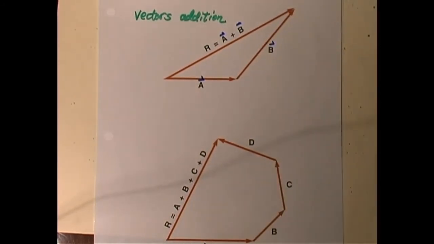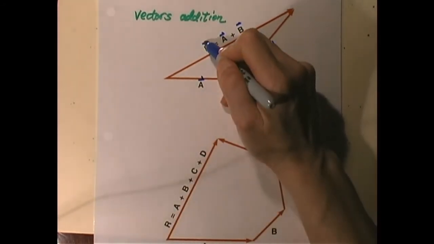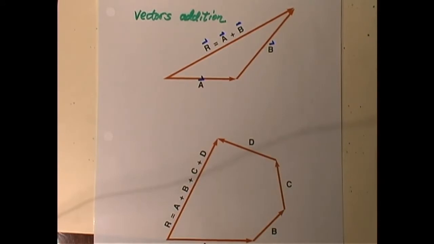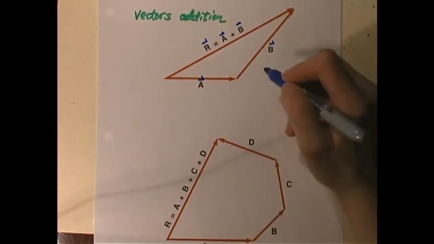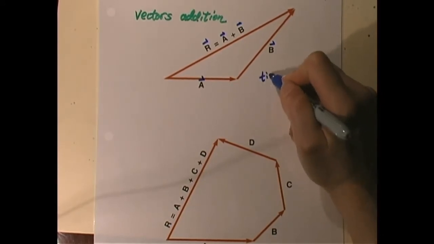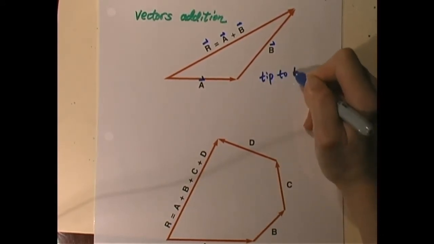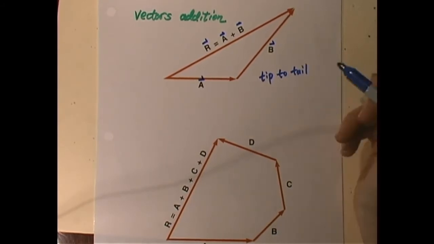So these A, B are in bold letters, but let's add an arrow indicating that it's a vector. So vector A plus vector B equals R, where R means resultant vector. This is the very typical tip to tail method. What does that mean?